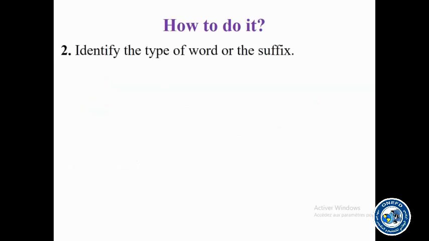Second step, identify the type of word. Is it a noun, a verb, or an adjective? If it is a two-syllable word, check the suffix if it is more than two syllables.